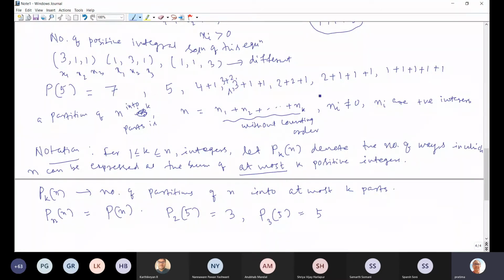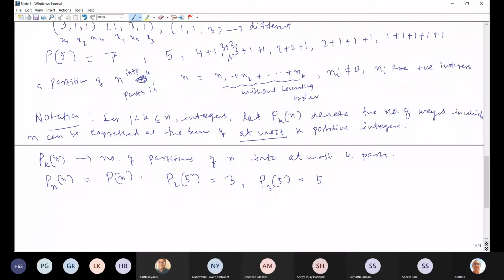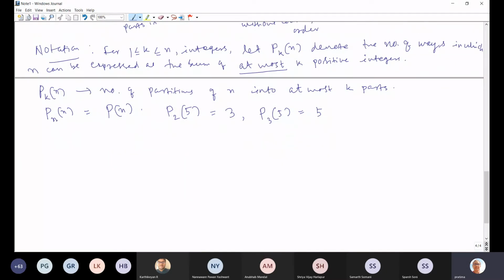Well, there is a recurrence relation for this Pkn. I am not giving the proof here; it is available if you are interested, you can read it, because we don't have enough time for this discussion.